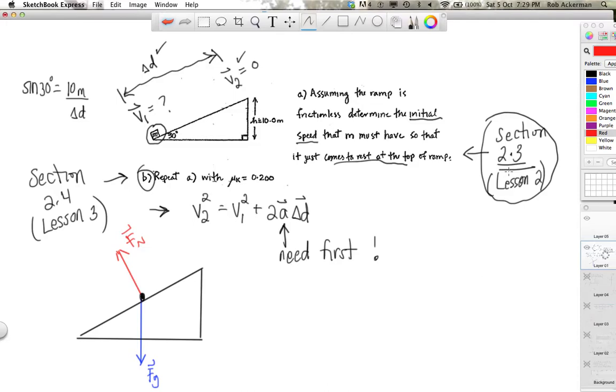In section 2.3, these were the only two forces to deal with. But in section 2.4, we're dealing with friction. So now we got to realize, as you slide up the ramp here, there is a force holding you back, and that force, of course, is friction. So today, I'm going to be drawing that in to my inclined plane question. There's FF.